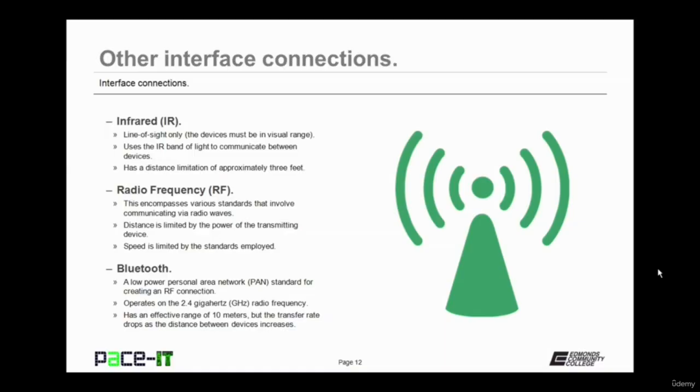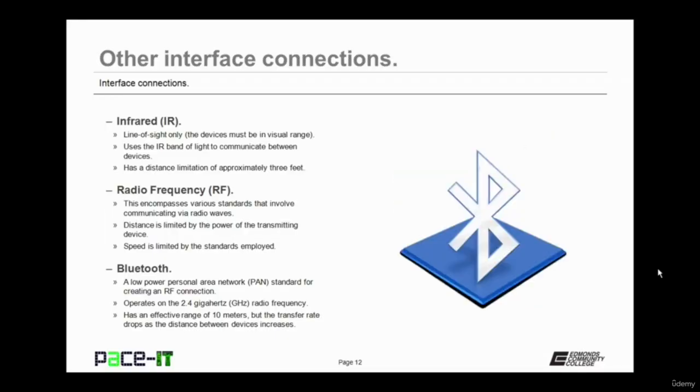And then we have radio frequency, RF. Now this encompasses various standards that involve communicating via radio waves. Your distance is limited by the power of the transmitting device. And your speed is limited by the standards that are employed. I'm not really going to get into that now. We'll get into that when we talk about wireless networking.